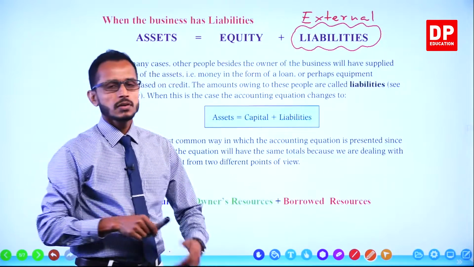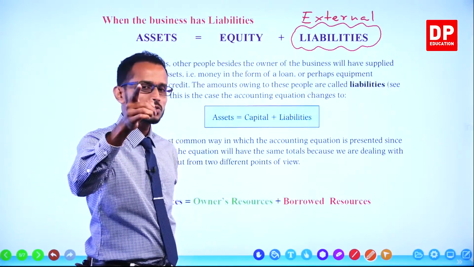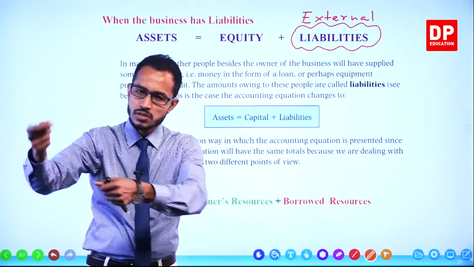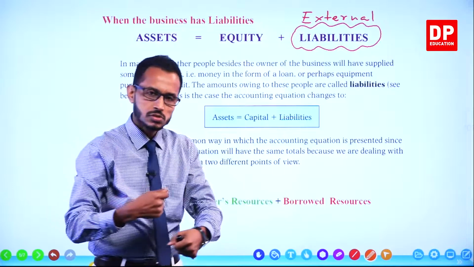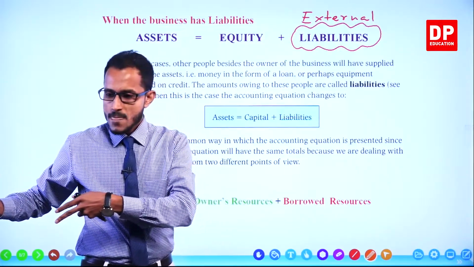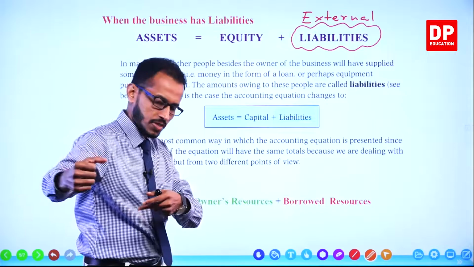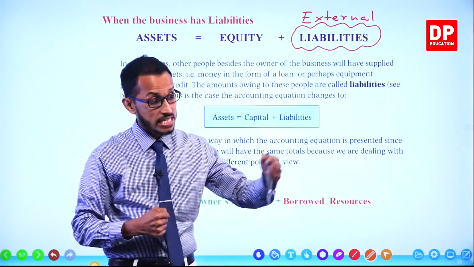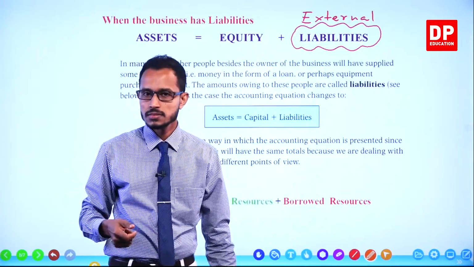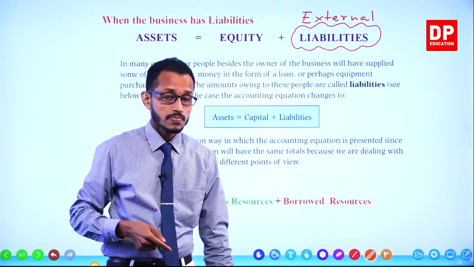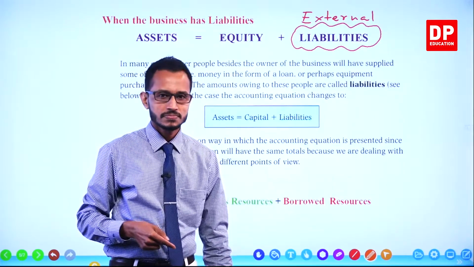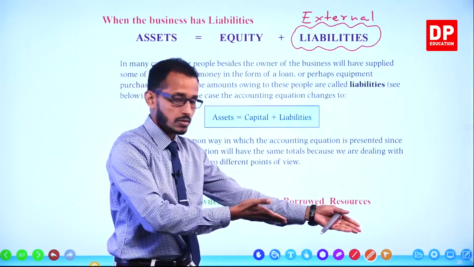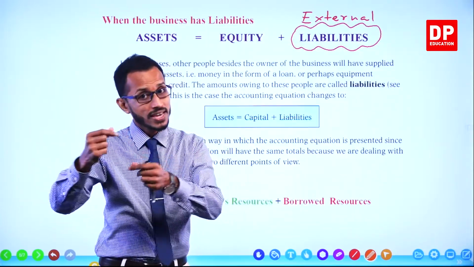But if I ask you this question, children, those external liabilities which were borrowed, like loans or other assets such as goods which are bought without paying, on credit, goods which are bought for our business without paying.